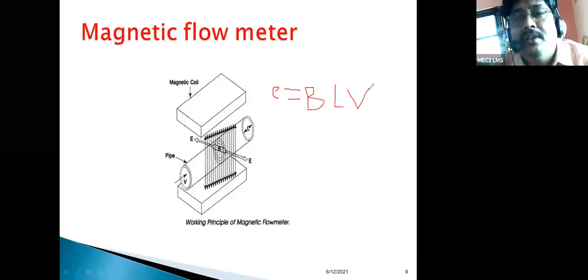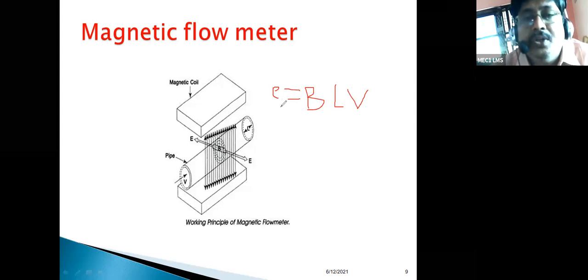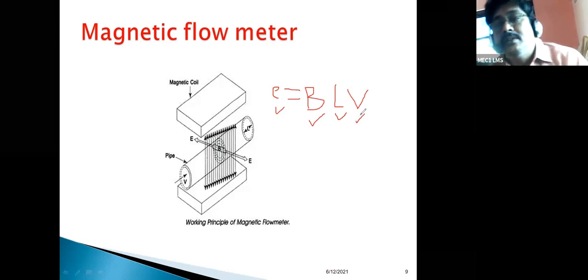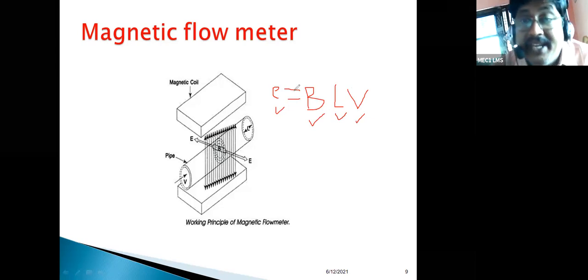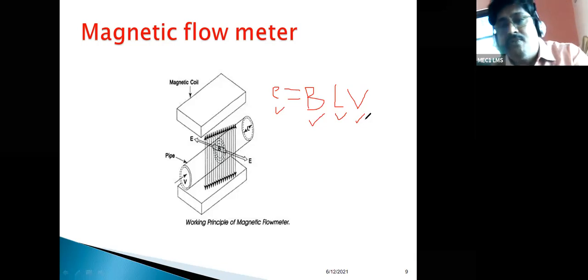Where E is the induced voltage, B is the magnetic flux density, L is the length of the conductor or pipe, and V is the average flow velocity of the conductor.